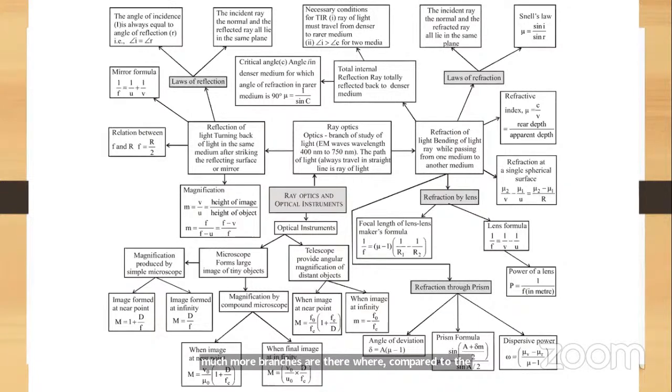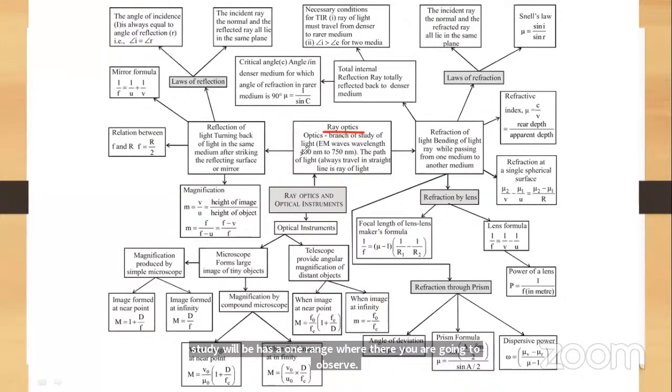So we'll start with the ray optics concept. Then we'll come to what the optical instruments are, what the formulas are, and what the important concepts are that you need to remember. First, geometrical optics, which we are going to study, has a range.